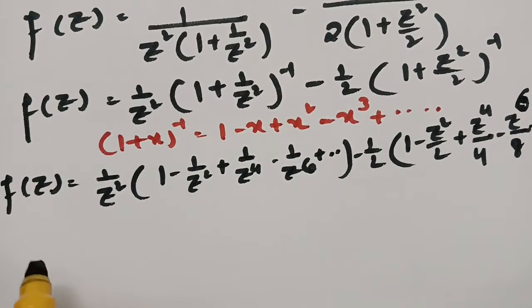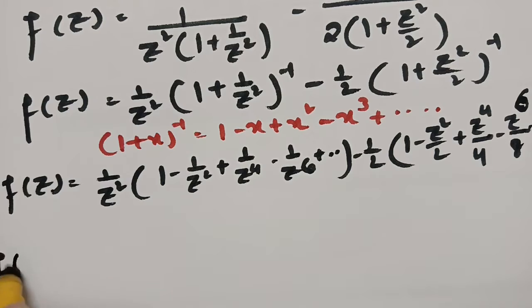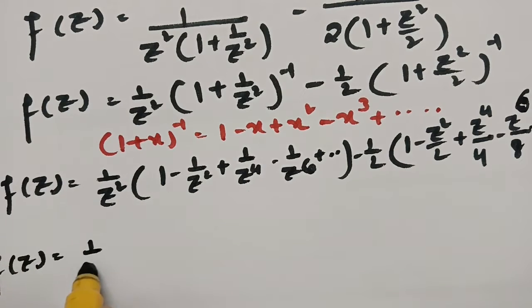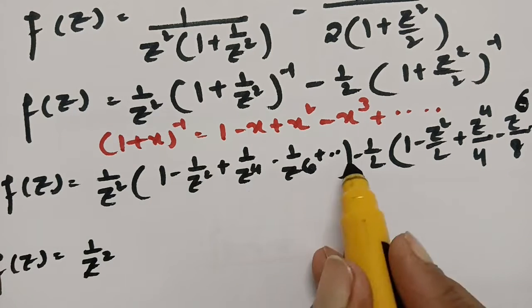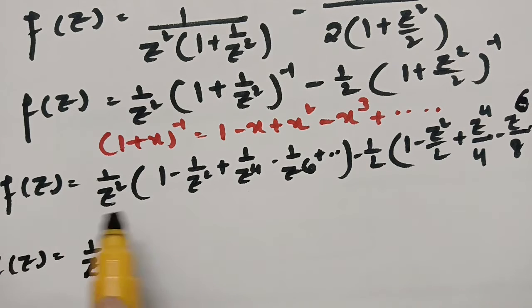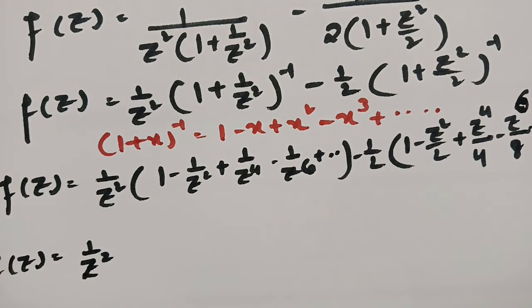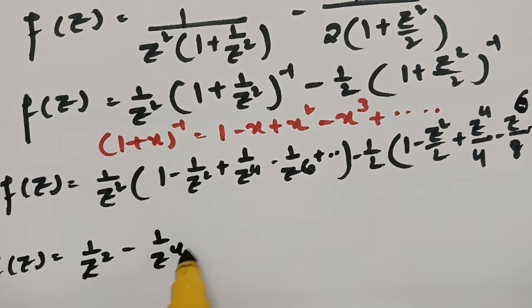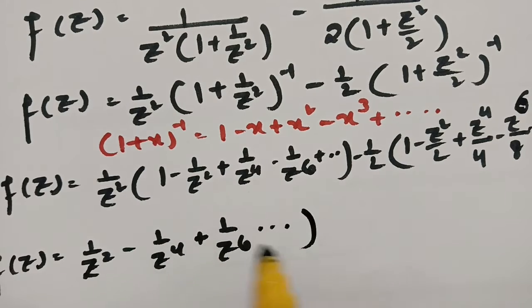And therefore, if you write properly, f(z) is equal to 1 by z². If I send this z² inside and multiply with z², this is 1 by z² minus 1 by z⁴ plus 1 by z⁶ and so on.